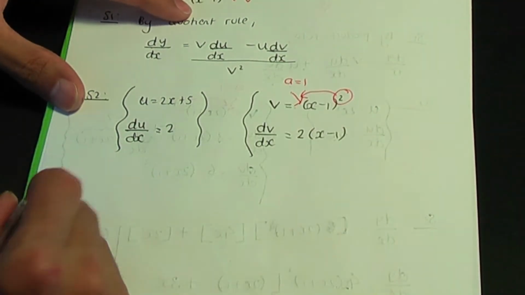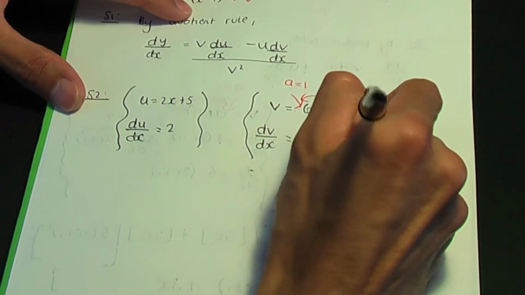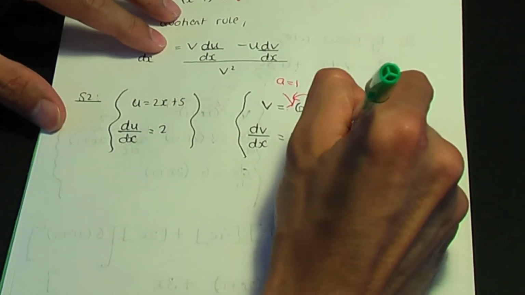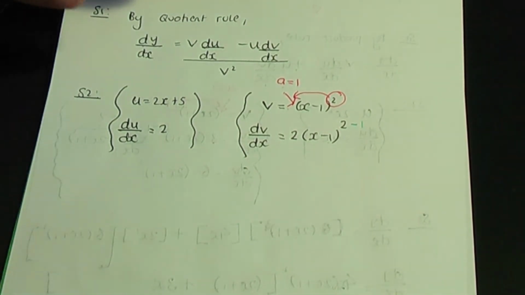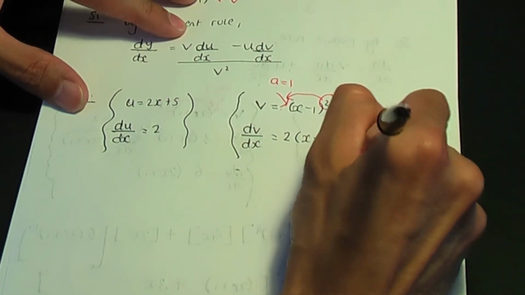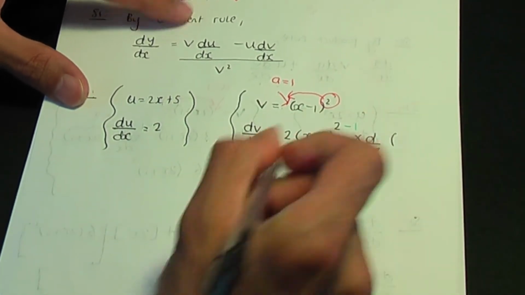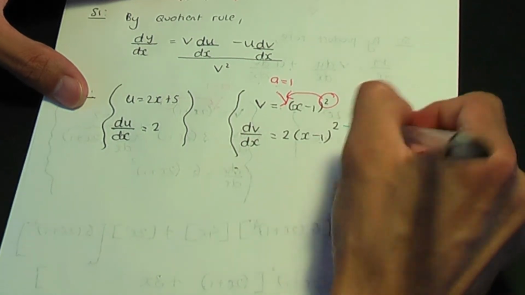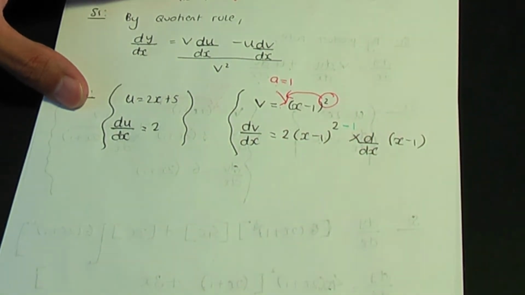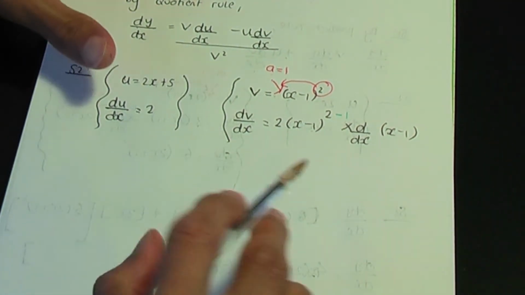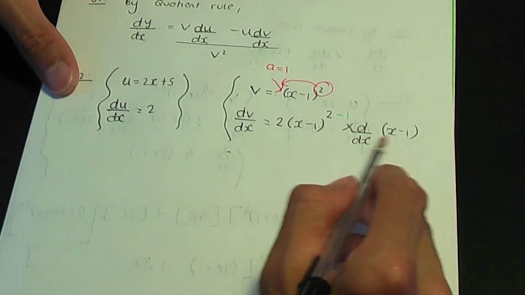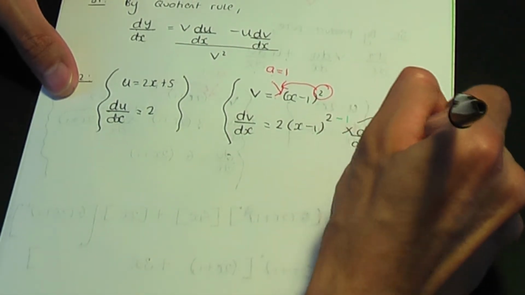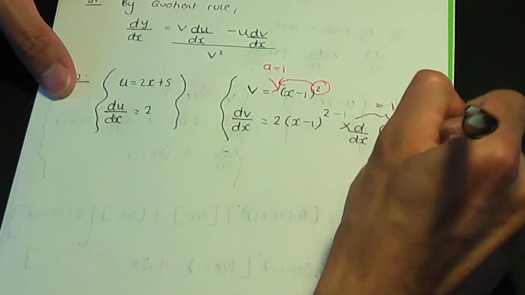Then we subtract 1 from this power, so it's 2 minus 1. And then you multiply by d by dx of u. u is x minus 1. Okay? Let's simplify this further. d by dx of x minus 1 is simply 1.